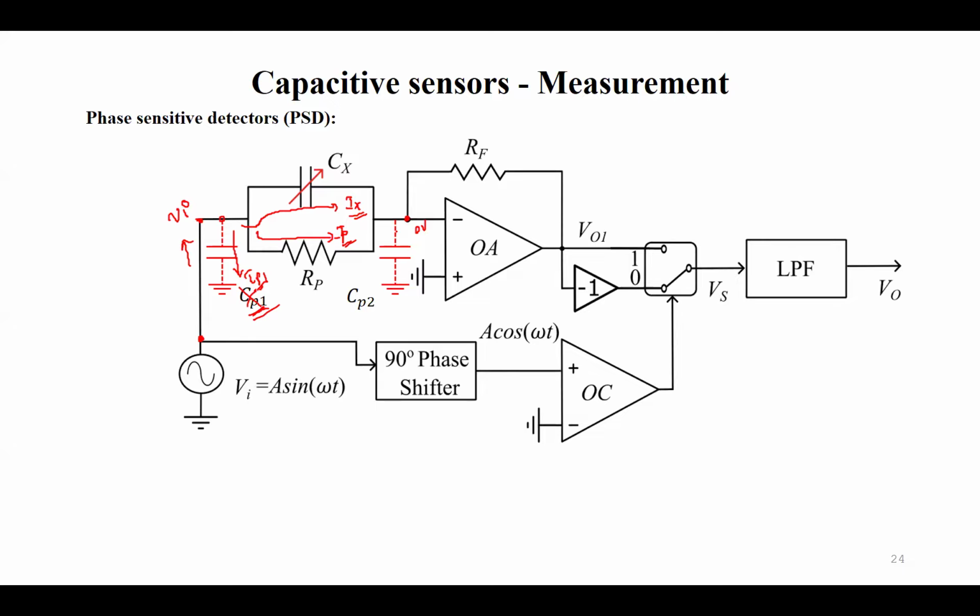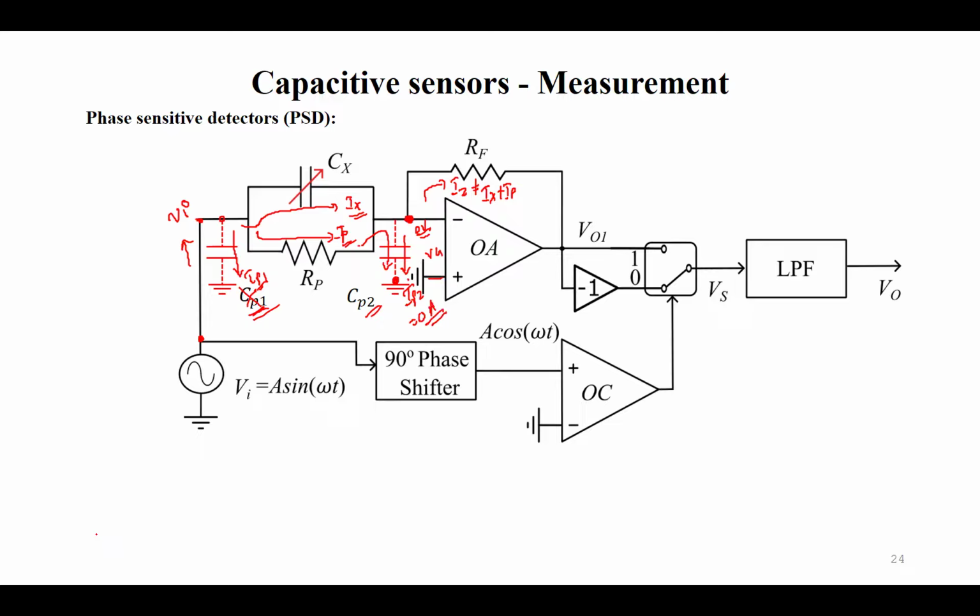Now corresponding to the current due to CP2. There will definitely be a current flow through CP2, right? So this Iz won't be equal to Ix and IP, because a fraction of the current will flow through CP2. But if we carefully see, the voltage at this node is zero because of the virtual ground, and this node voltage is also ground. So the current through CP2, which I will call IP2, will also be 0 ampere.